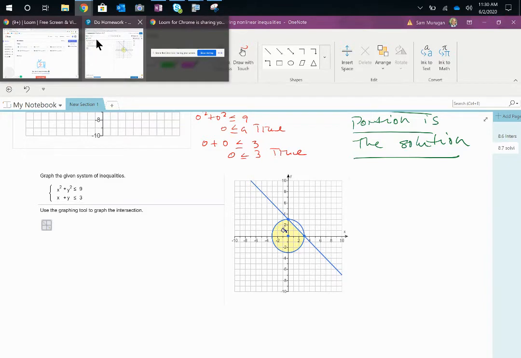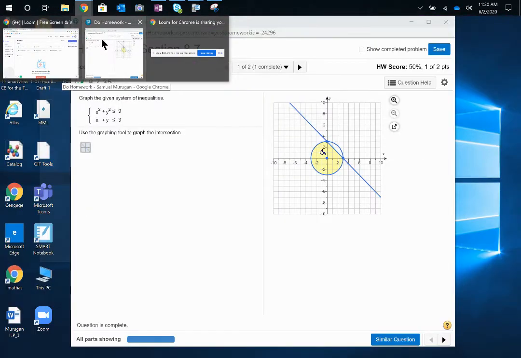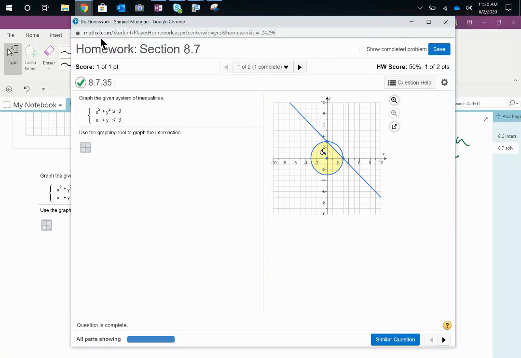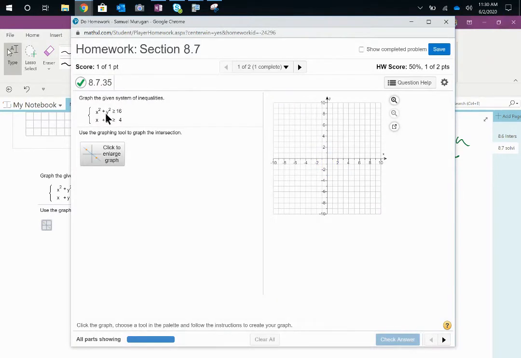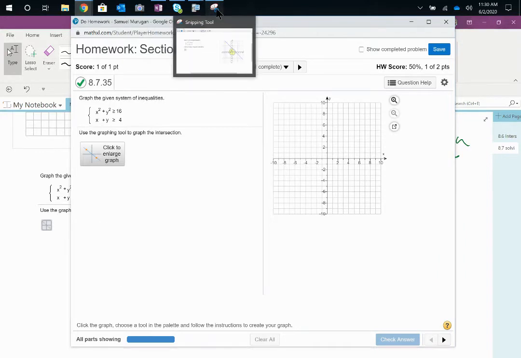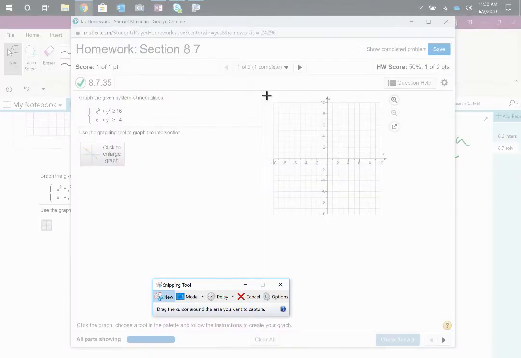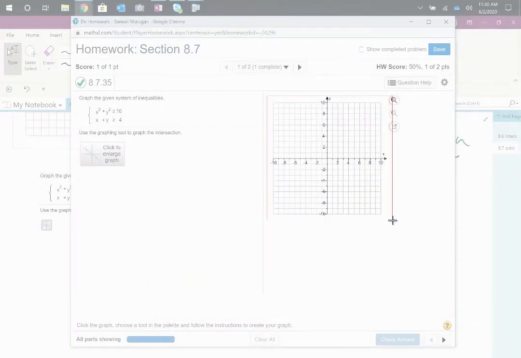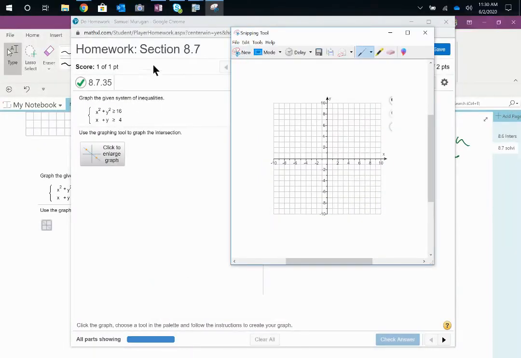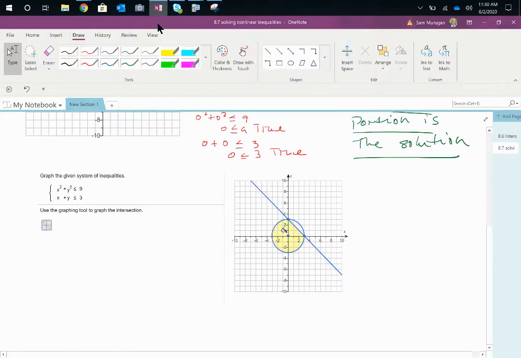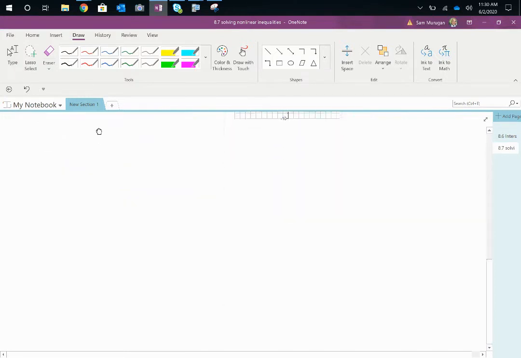Okay. Let's look at one other problem, perhaps. So let me clear this. I'm going to copy this graph because I like this graph, and I'm going to do another example for you, with another example with a circle and a straight line.